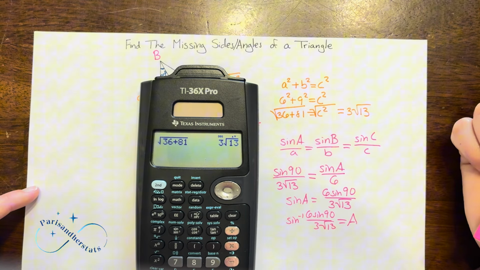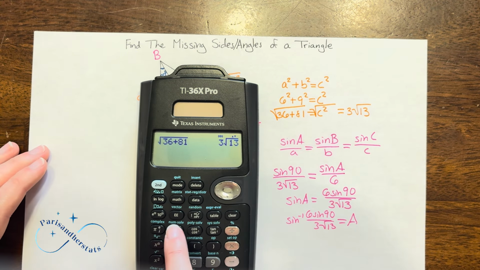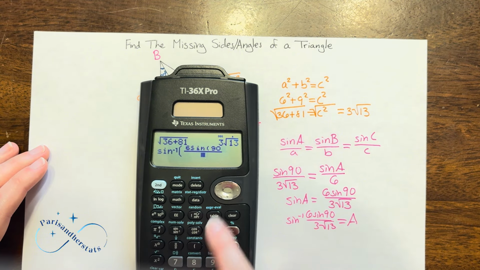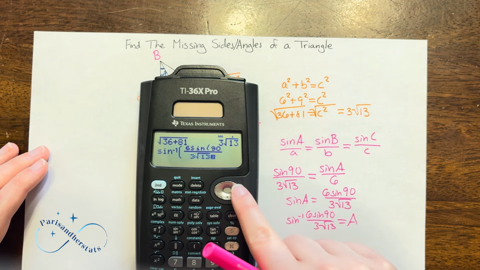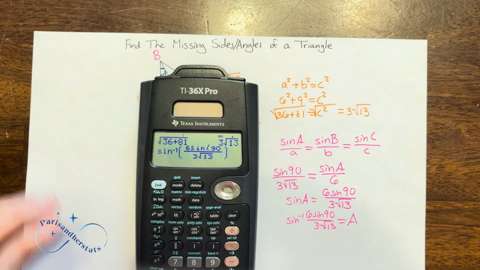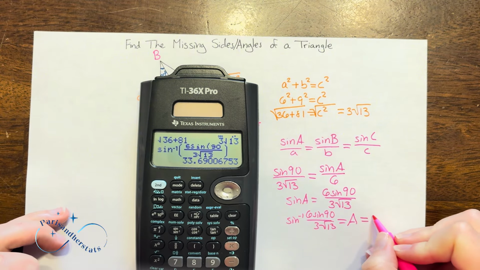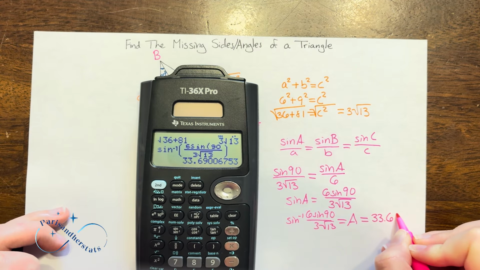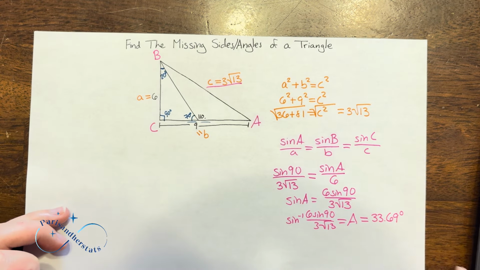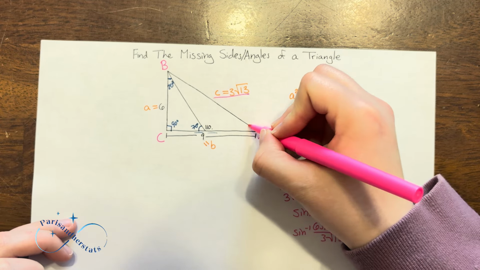My calculator is already in that mode. So what we have is sine inverse of 6 times sine of 90 all over 3 root 13. And that is going to equal 33.69 degrees. That is going to be our angle A.